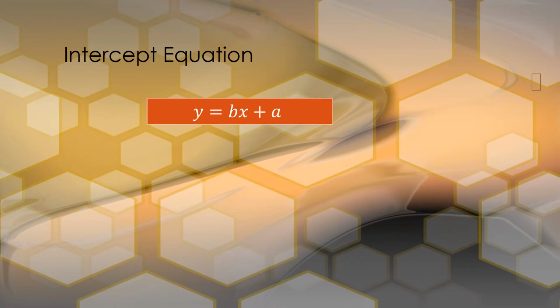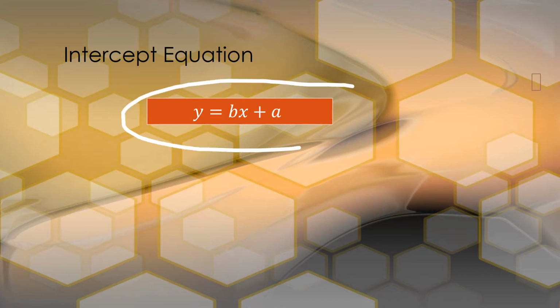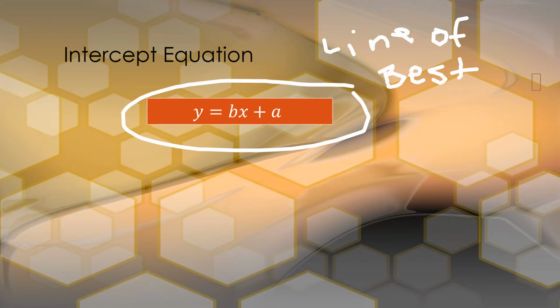So if you remember, the equation for the line of best fit is this. This is our equation for the line of best fit. And I want to use this equation to find the intercept.